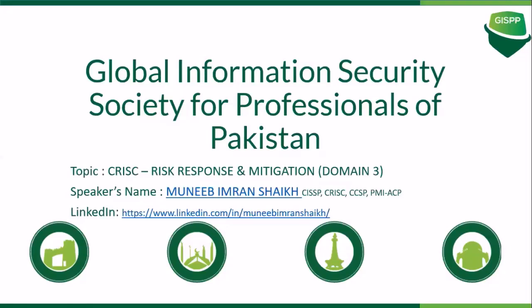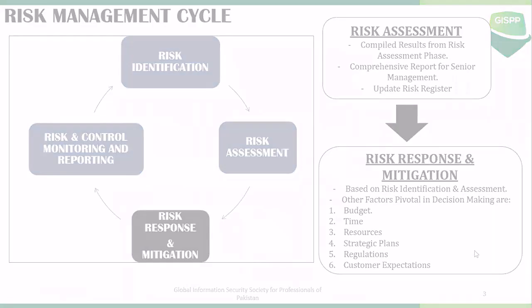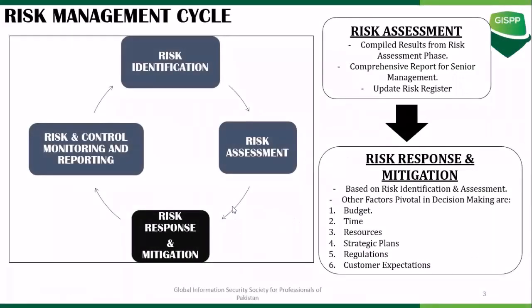So without wasting any further time, I'll jump right on to the topic. Let's begin the third domain. Now, if you see, risk management is a cyclical process. This must have been covered in the earlier sessions also. It is a continuous phase where risk management is largely divided into four different sections.